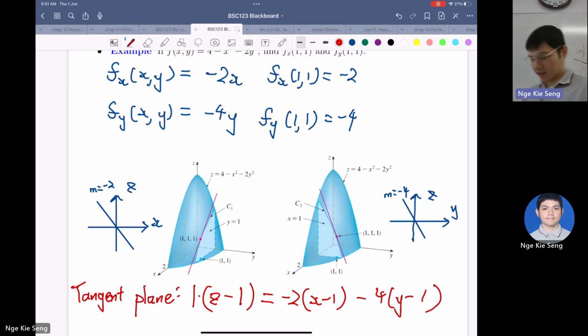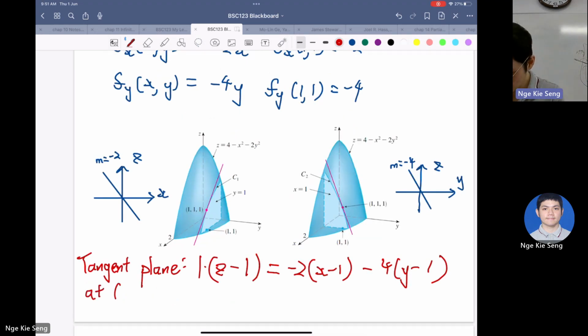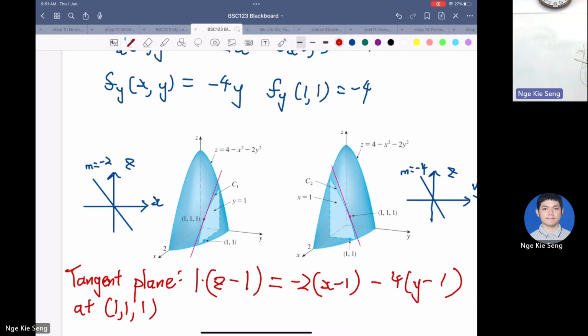Okay, let me write it down: tangent plane at. Yes, the point is given. The tangent point is at 1.